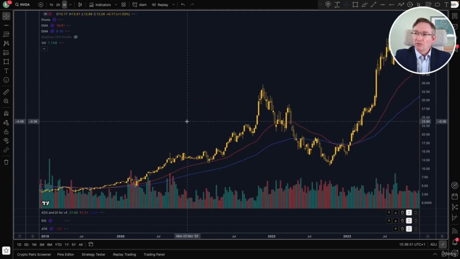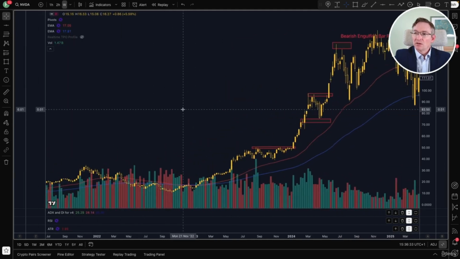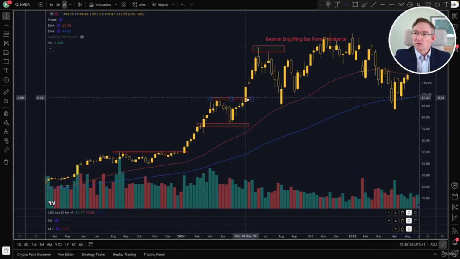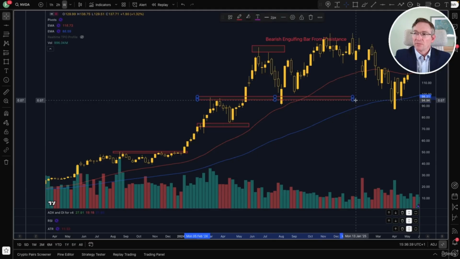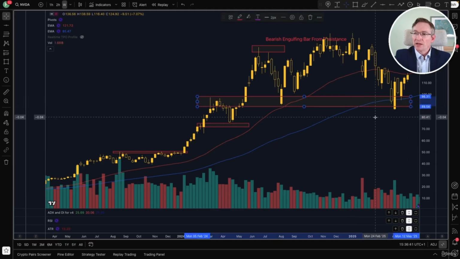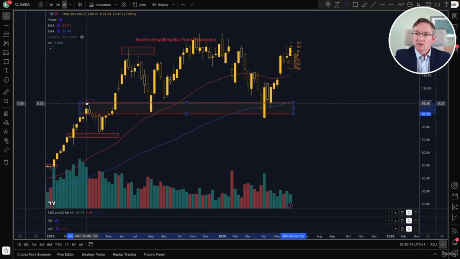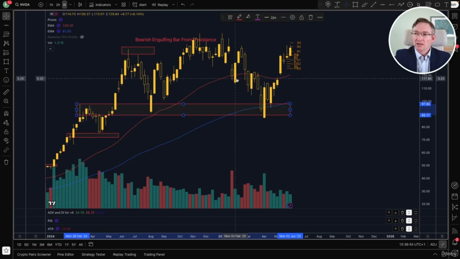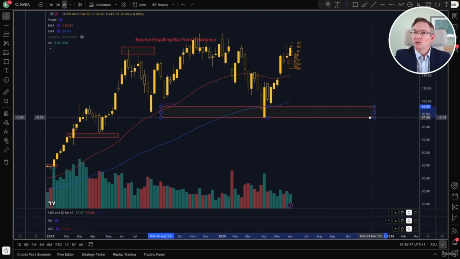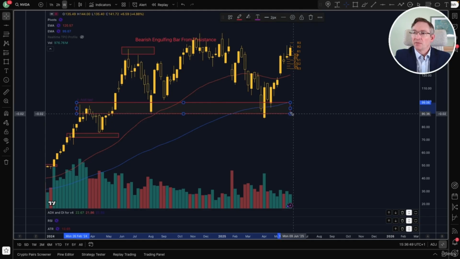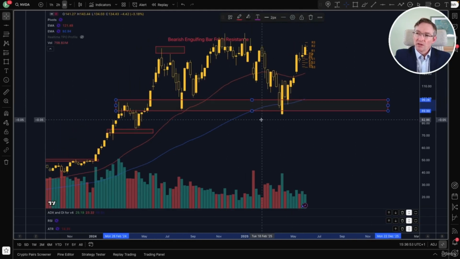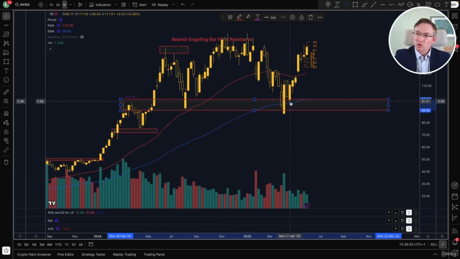So on the weekly chart, for instance, you can see that these levels we've got marked here are clearly very, very important. You can see how that zone held here, held here, held here, a hugely important zone. So you can see here in the video that 80-90 support level that is in line with the 200 exponential moving average.